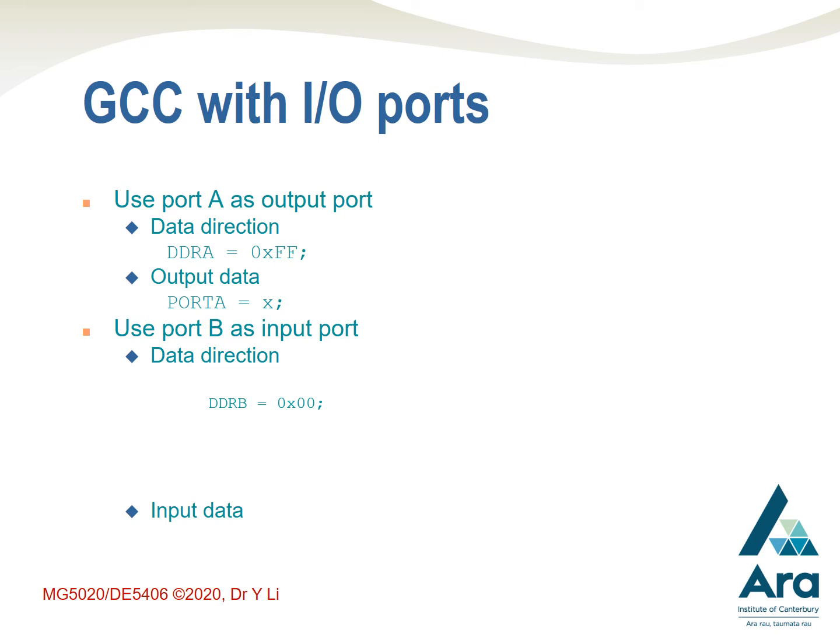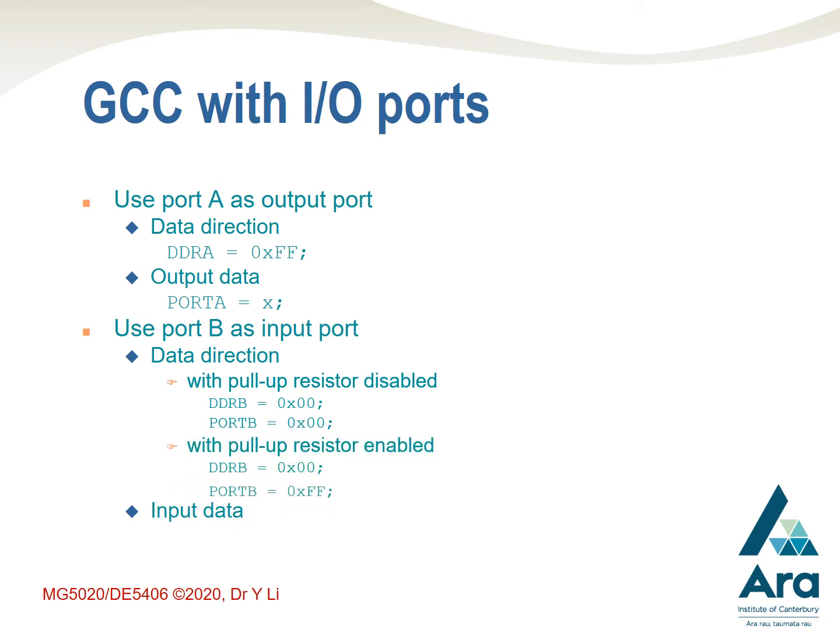After we have defined the data direction as input, there are options whether to enable or disable pull-up resistors. We disable them by writing 0 to all bits in PORTB, or enable them by writing 1s to PORTB. By default, all ports are input ports with pull-up resistors disabled after power up.